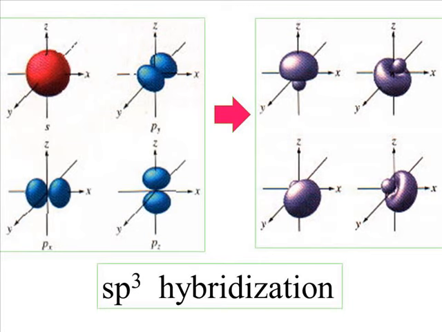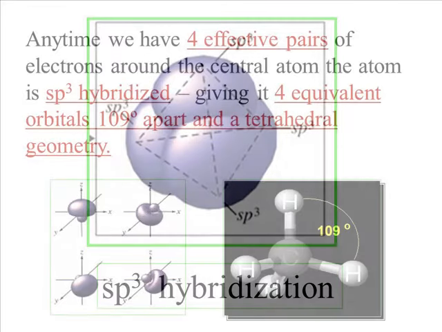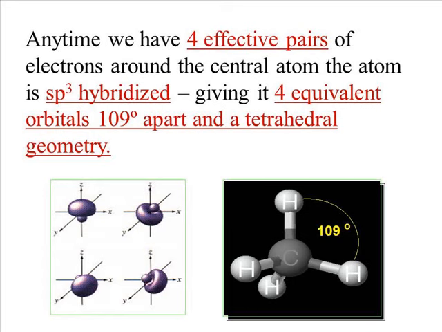It's the simplest of all. sp3 hybridization is anything based off the tetrahedral: tetrahedral, trigonal pyramidal, and bent. Anytime you have 4 effective pairs, 109-degree bond angle. If you have lone pairs, that bond angle gets smaller.